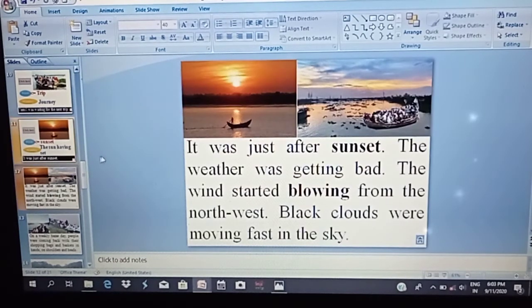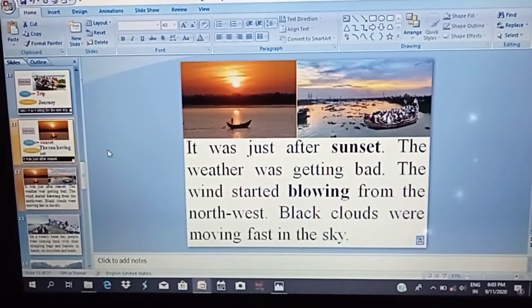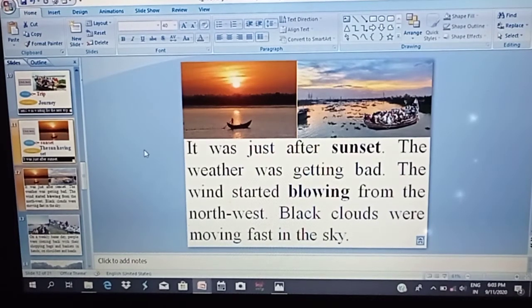Now we will go through the passage because we have learned the difficult or new words. So we will go through the whole passage. At first we will look at these two pictures. One is a ferry boat and the other is a picture of sunset. It was just after sunset. সূর্যাস্তের ঠিক পরেই.